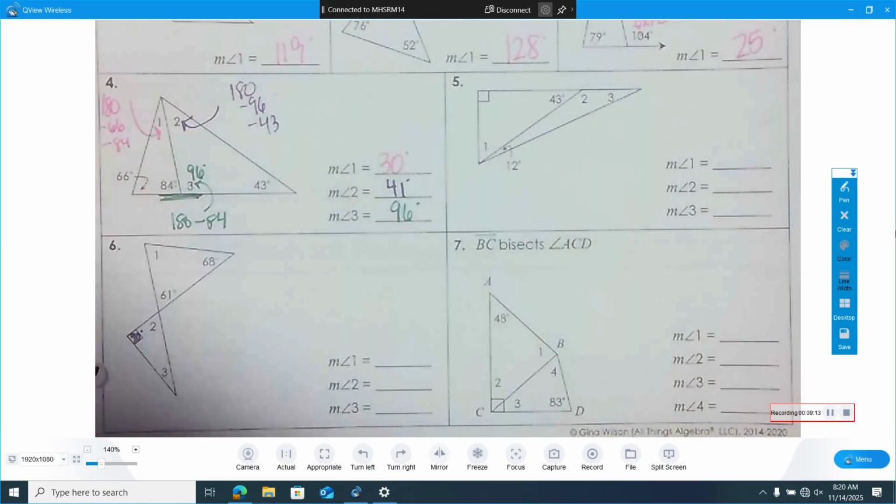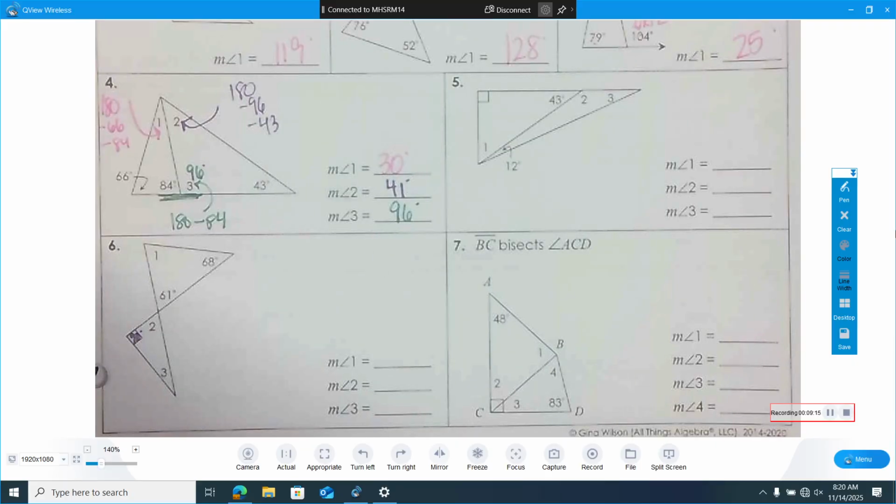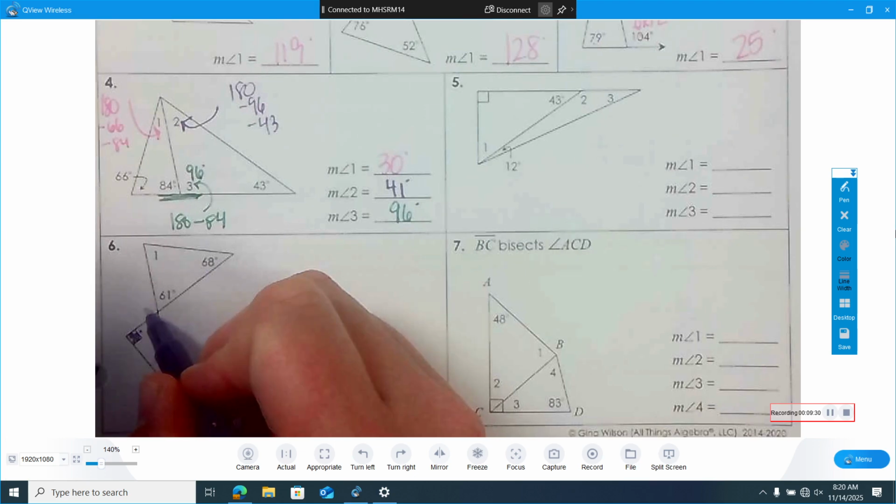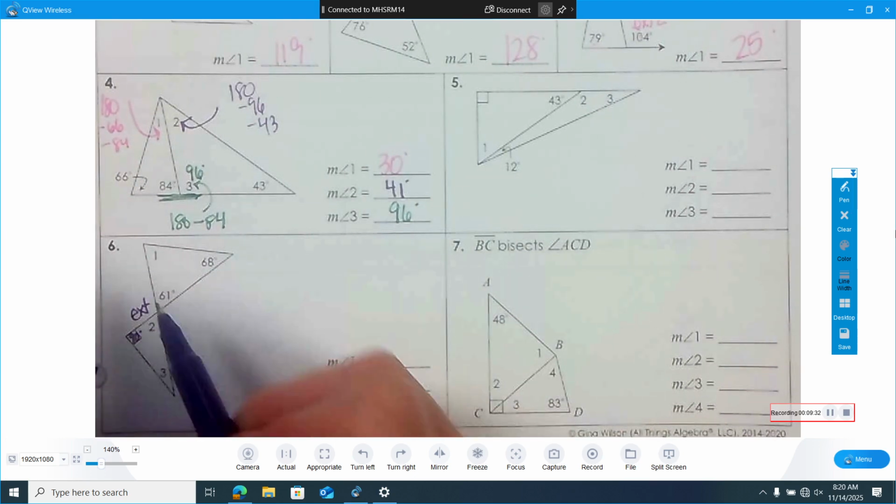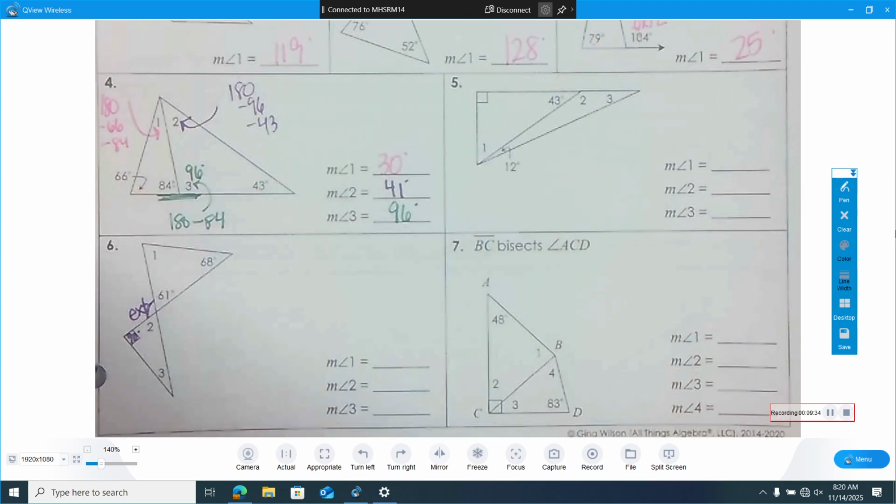We do have a 90-degree angle right there, a little box in the corner, 90 degrees. Good. What else do we know? No, it is not an exterior angle to 61. Right here would be the exterior angle of 61.